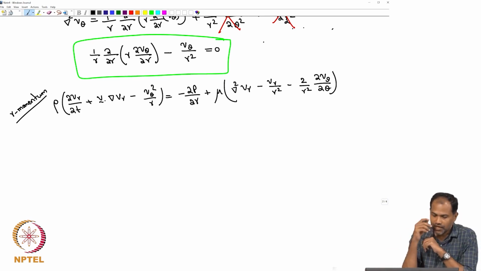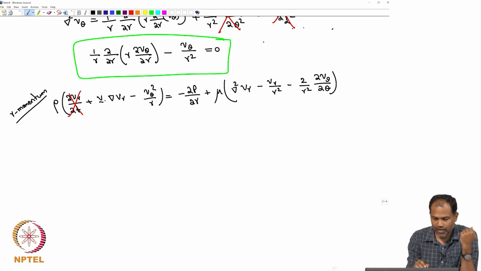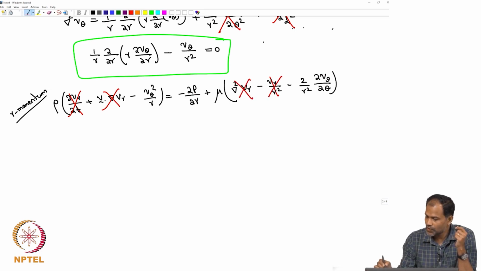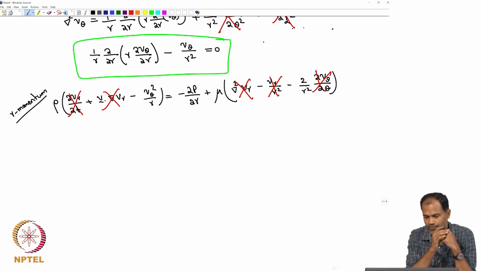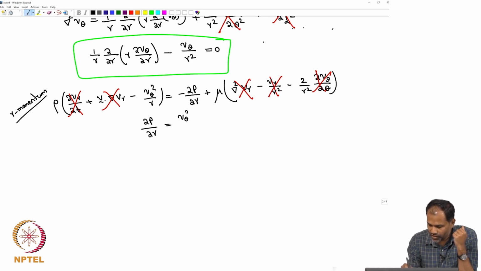So that is the r momentum equation. Again let us throw away the terms that we do not want: unsteady is 0, Vr is 0 as we have already found, v theta is there, we do not know anything about dou p by dou r, Vr is 0, and del by del theta is 0. So we end up with dou p by dou r equal to rho v theta square by r.